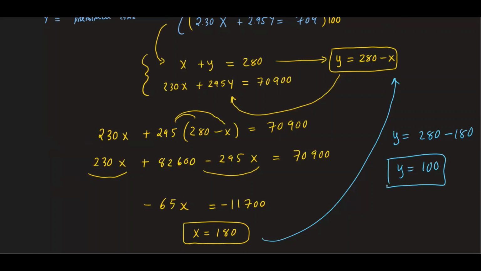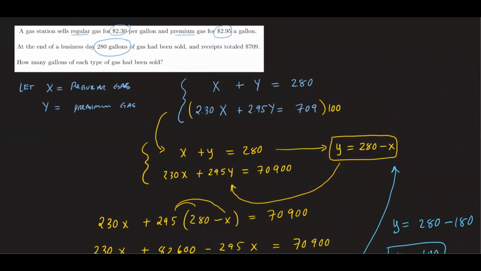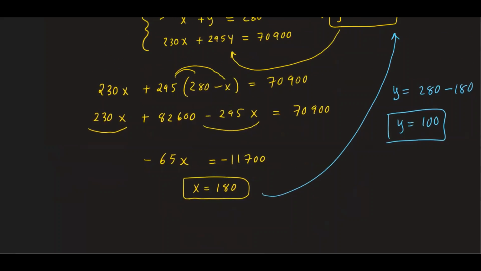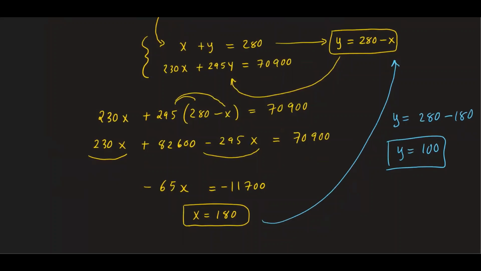So that's how much premium gas was sold. So how many gallons of each type of gas had been sold? So regular we have 180 and premium 100. So those are the answers for the question.